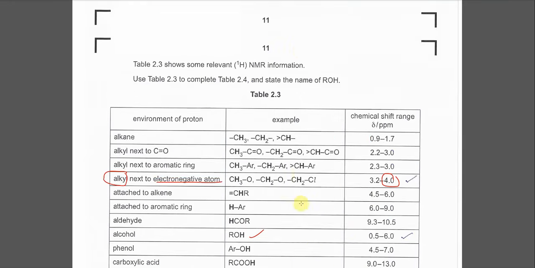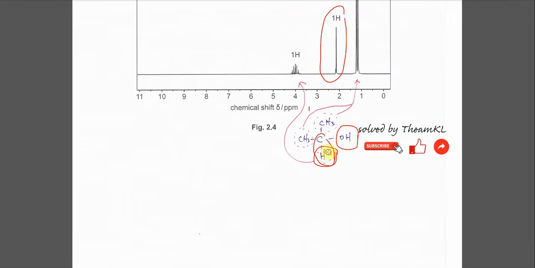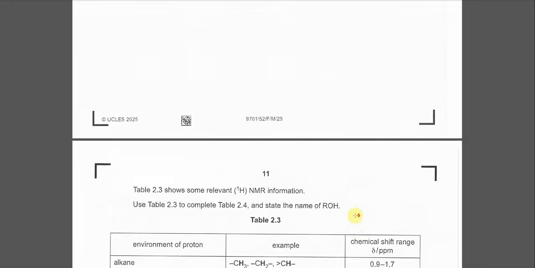How to draw this? This CH is now bonded to 2 groups and is next to O. This is the structure. This proton's chemical shift is around 4 because this alkyl group is next to the O. This is the structure you need to draw.